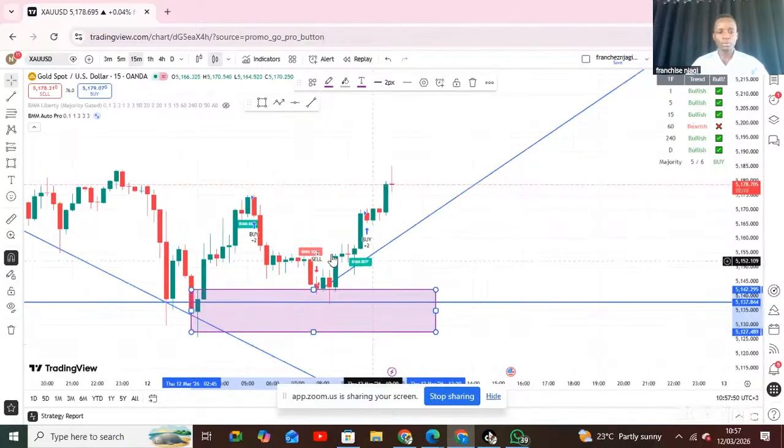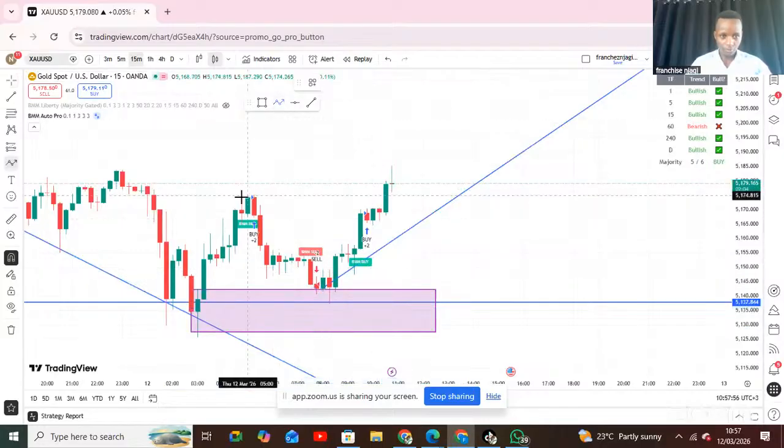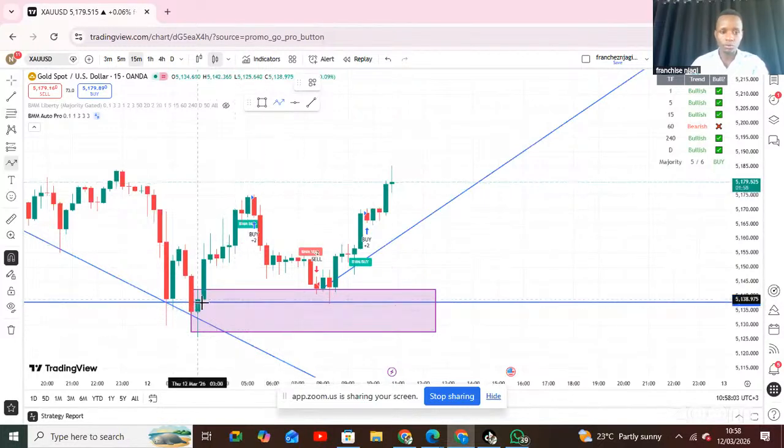So if you come back to 15 minutes, assume this is the 4-hour support zone, your major zone, and then you go back to your 15 minutes. Assume this chart now is the 15 minute time frame.